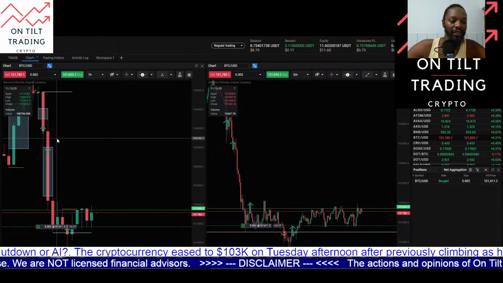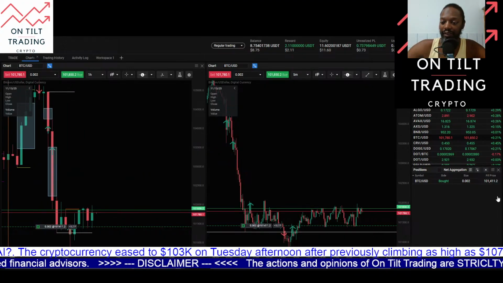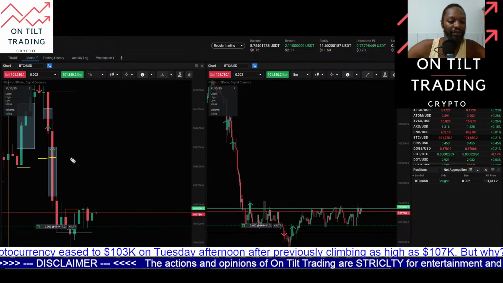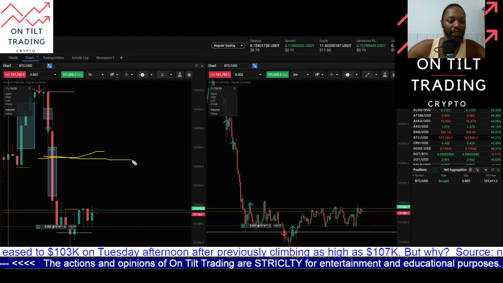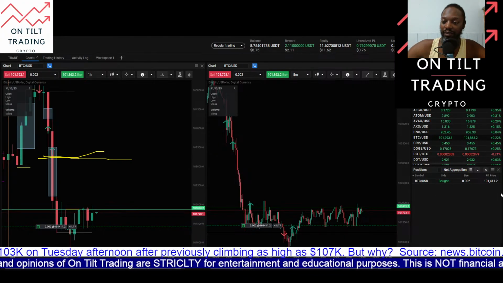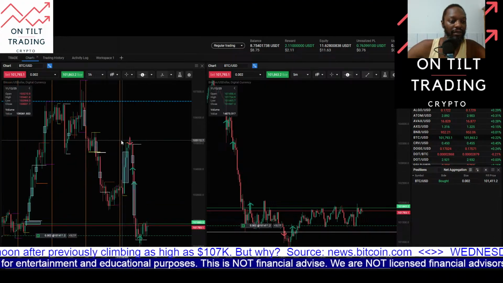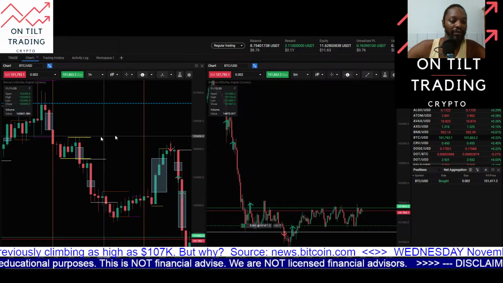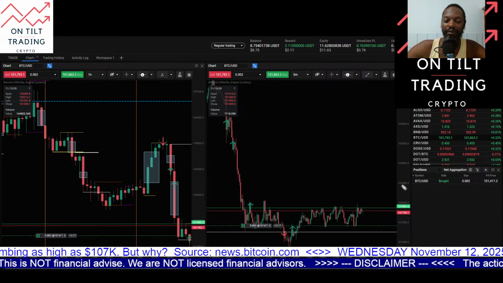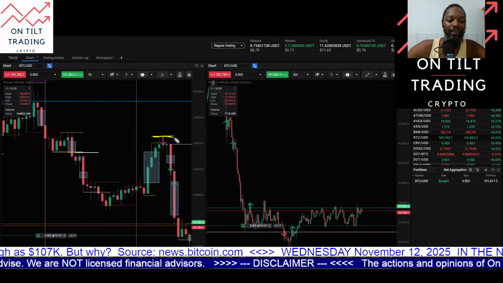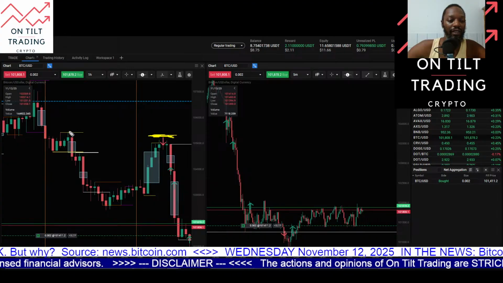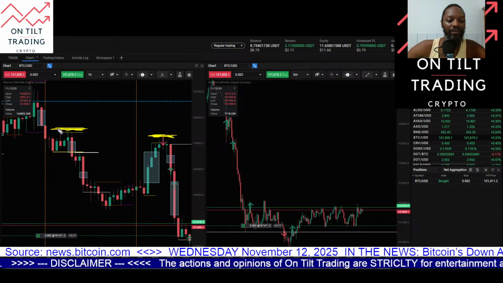And if price is able to deliver further to the buy side, I'd be looking to take some profits around here at the 50% level. And then my final target is actually here. There's going to be buy side liquidity resting above today's high, and there's buy side liquidity resting above yesterday's high.